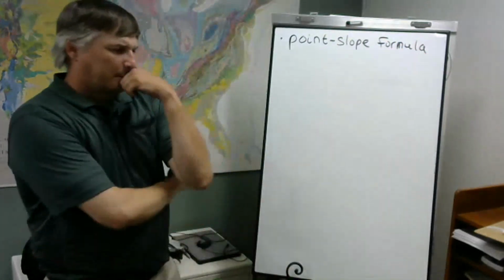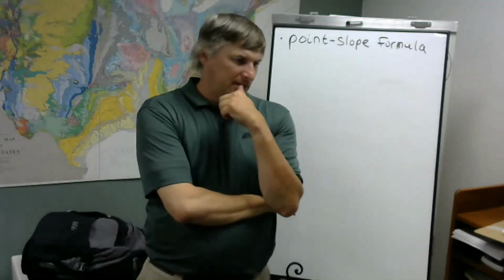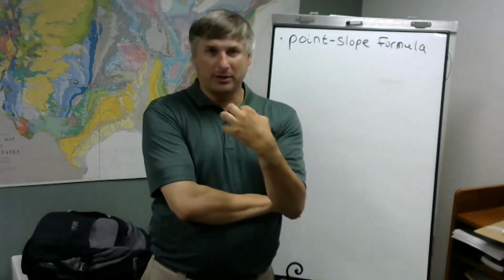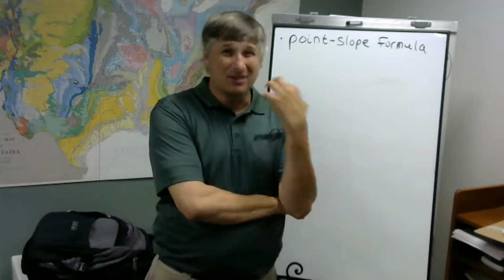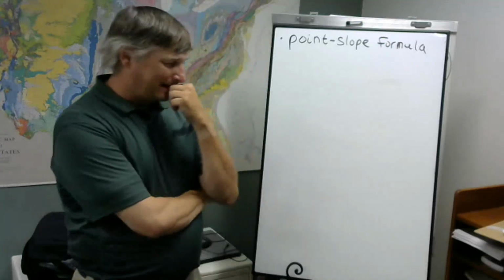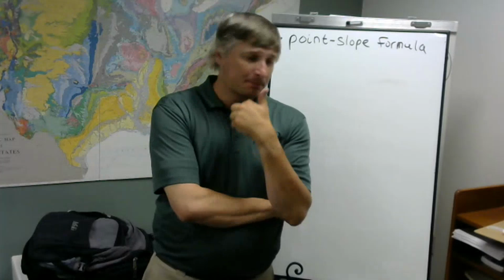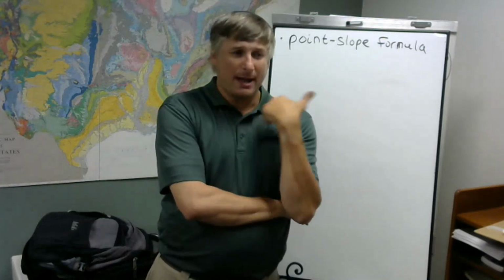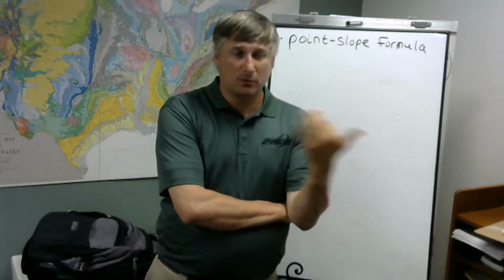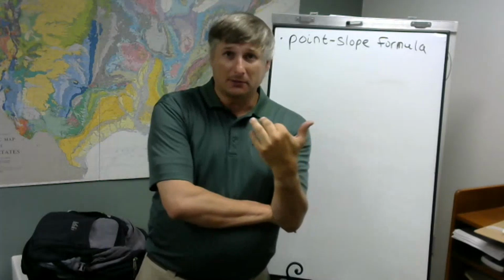So what we're going to do, we're going to compute this using 2 points. One of them happens not to be an intercept. We insisted that one of the points be a y-intercept last time. Now we're going to consider what happens if neither point that we're working with is a y-intercept.